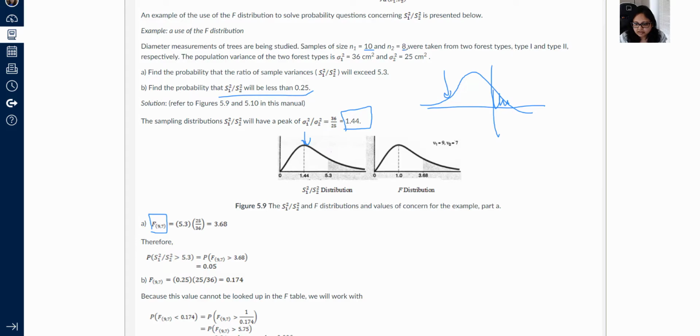V1 equals 9 and V2 equals 7. For that, we need to find the F statistic value. To do that, let me actually clear the picture.